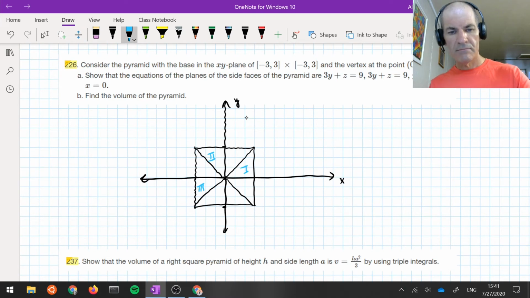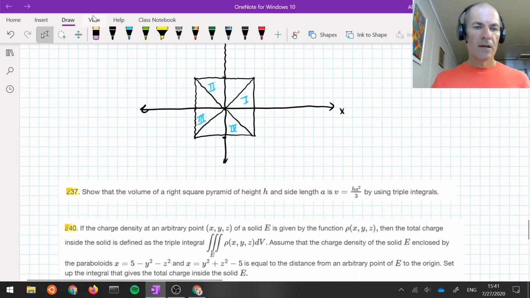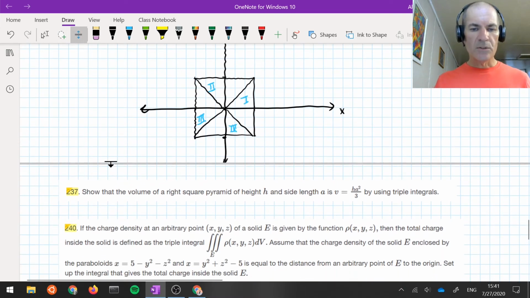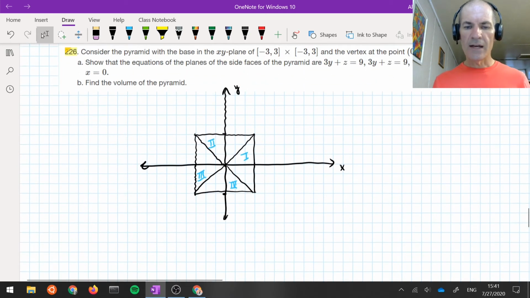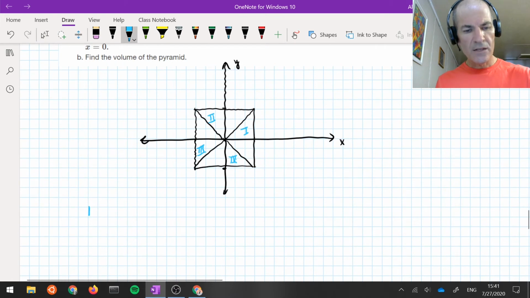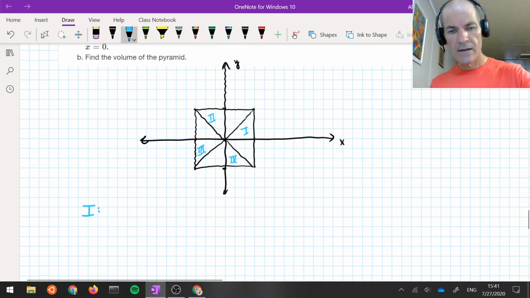Let's look at the first one. So this goes way back to maybe the second chapter that we studied for equations of lines and planes. We want to find the equation of the plane for this face, the face right here.